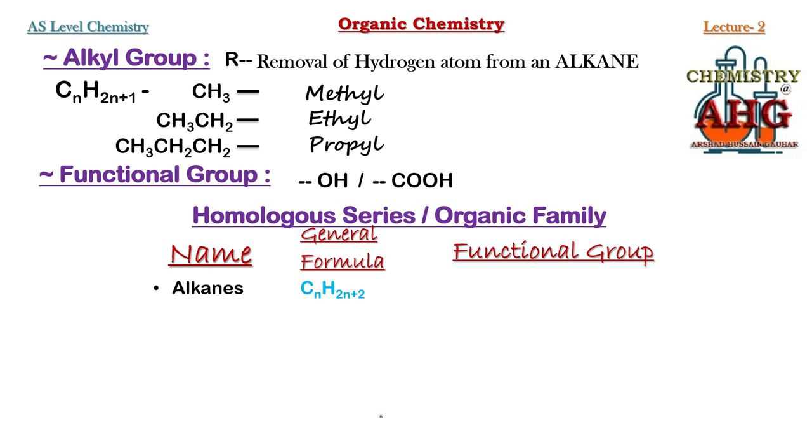There is as such no functional group for alkanes, but you can remember that whenever an organic compound has only carbon and hydrogen, and all the carbon in the compound must have single covalent bonds only, it is an alkane. So in alkanes, all the carbon and hydrogen have single covalent bonds only.